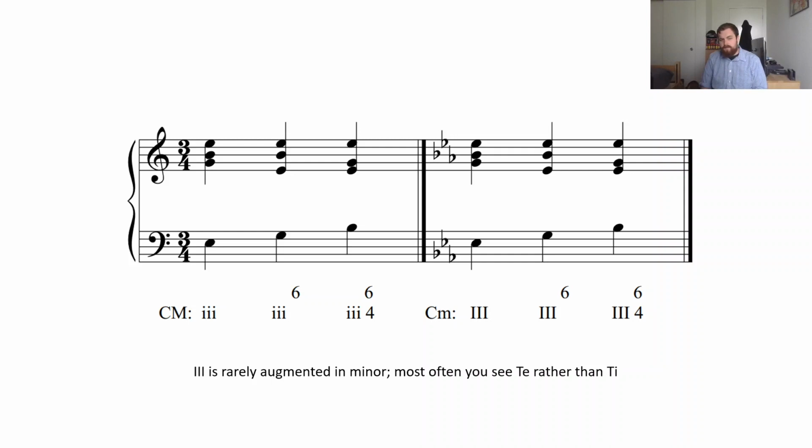In minor, what gets tricky about the 3 chord is that 3 becomes major, right? Because we've lowered our root and our fifth, which then gives us a major triad. So 3 is your other major chord in minor. We've got 3 and we've got 6, which are both major. So that can get kind of tricky.